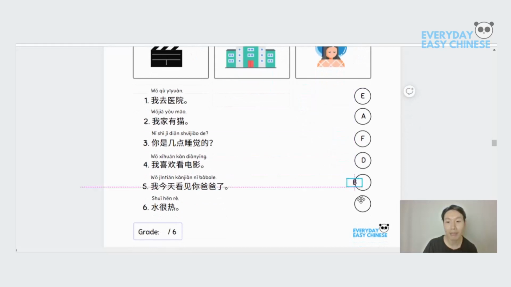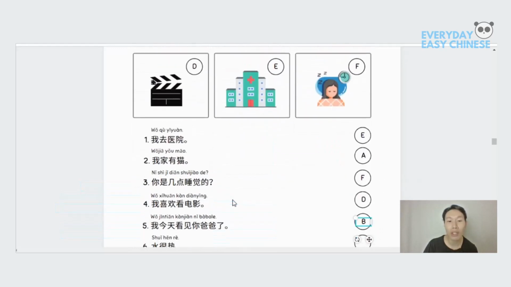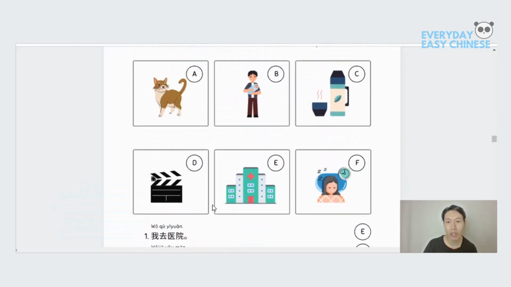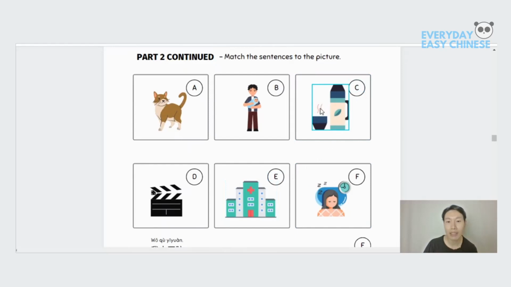So B. Next we have 水很热. 水很热 means water is very hot. So we can see C, we can see the steam coming out of this cup. So the answer is C.